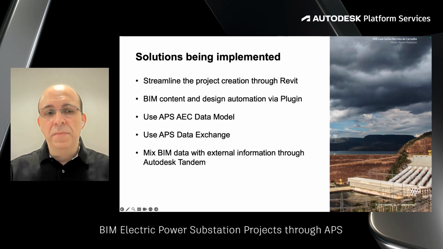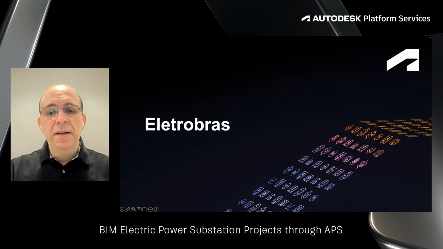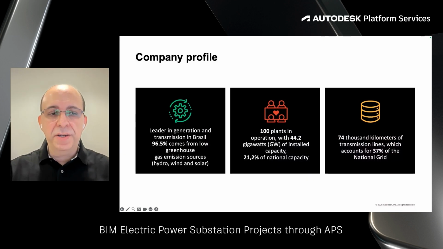So let's talk a little bit more about the Eletrobras company. This is a company from Brazil. They are a leader in power generation in Brazil, and they have in their portfolio about 96.5% low emission power generation facilities. Brazil is very well known for its great hydroelectric power.